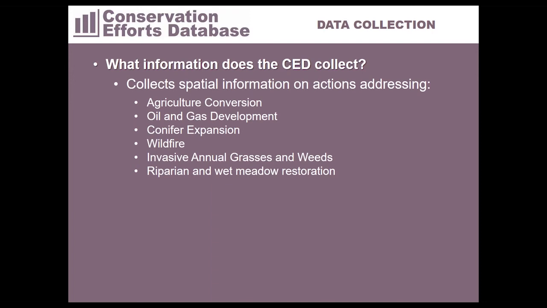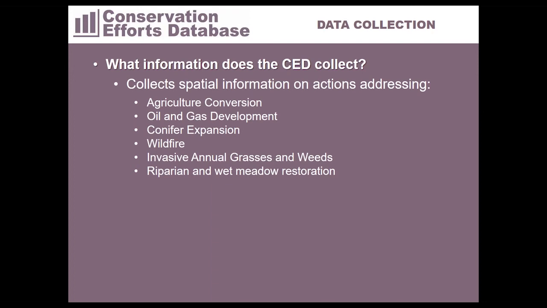For semi-spatial, which I'll provide some examples of in a minute, we're not asking for that spatially explicit treatment boundary, but rather a geographic area of interest. In the past, we have used counties. In the future, we'll be moving to a unit known as a sagebrush reporting unit.